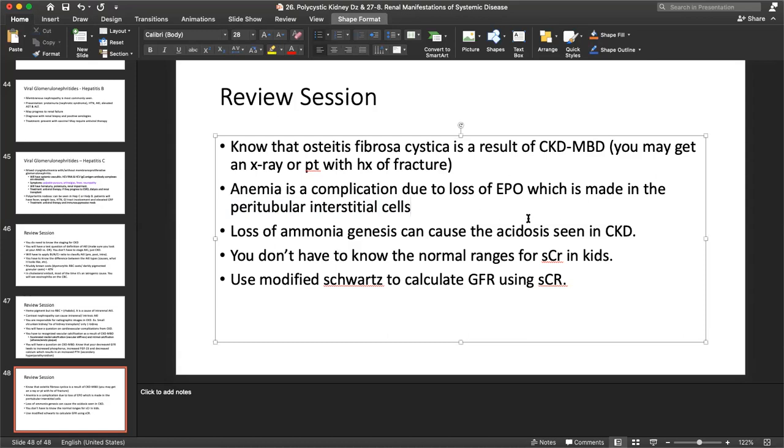As a result of CKD, loss of ammonia can cause acidosis seen in CKD. You don't have to know the normal ranges for kids of serum creatinine, but know that the modified Schwartz is what's used to calculate a GFR using serum creatinine.